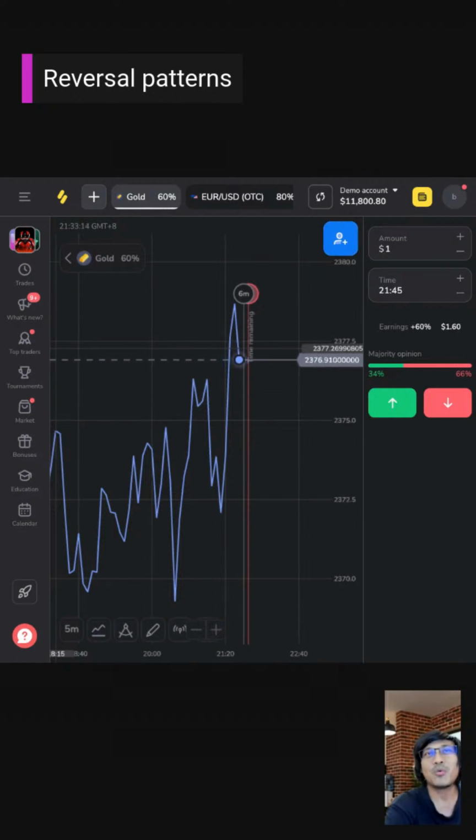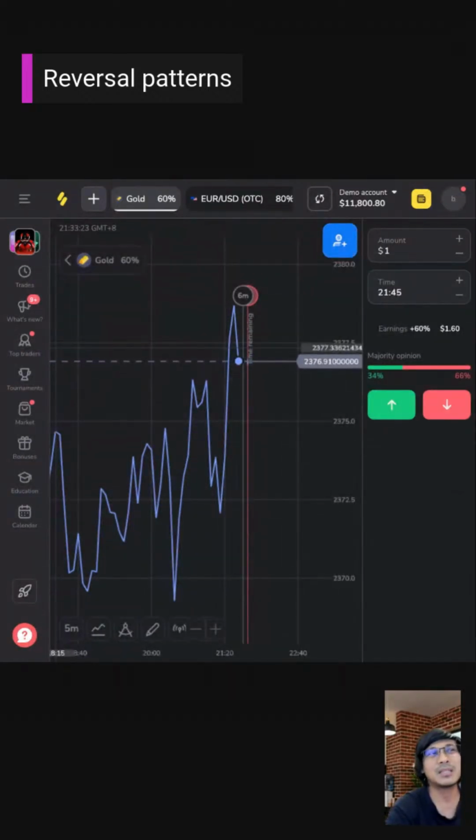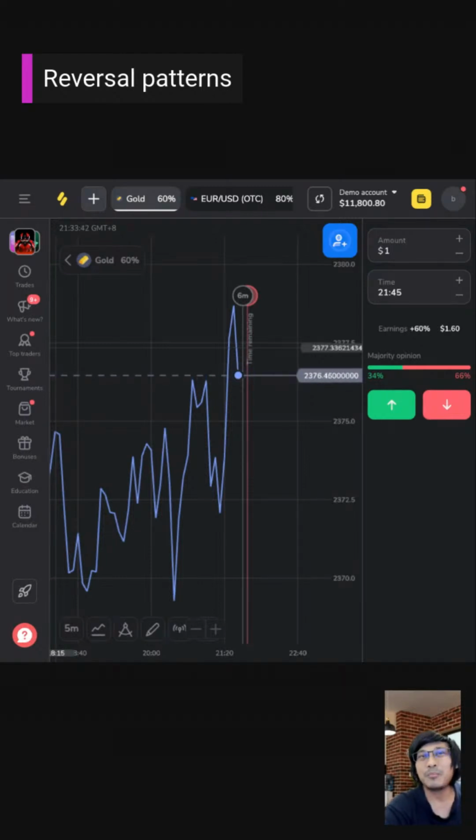Whenever you see an asset moving up, and it cannot break past a certain level, after some time it will hit this thing called resistance. The resistance level is going to block the asset from going any higher, and when that happens, you will tend to see a change in direction.